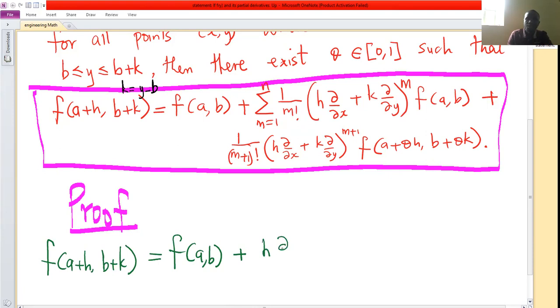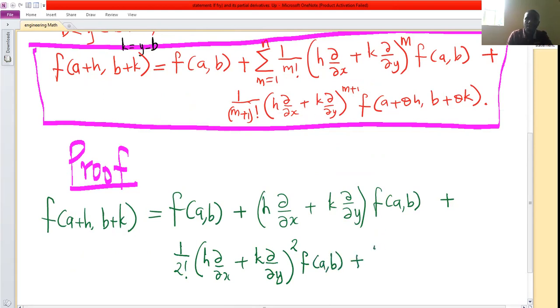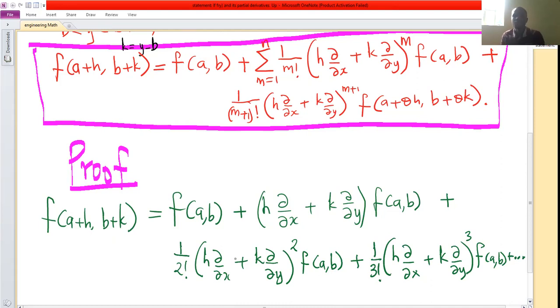So I have h partial x plus k partial y, and then the value of the function at a, b, plus when m is 2, we'll have 1 over 2 factorial into h partial x plus k partial y raised to power 2, value of the function at ab, plus next when m is 3, we'll have 1 over 3 factorial into h partial x plus k partial y raised to power 3 f at a, b, and then plus other terms in that pattern. So this is what we need to prove.